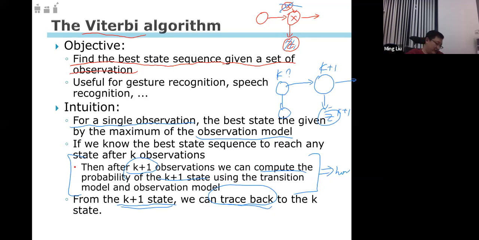So this is another way back, right? From that, I can have a better understanding of this k plus 1. And then I trace back to the state k. Okay, that's what the Viterbi algorithm did. Okay, there's a trace back. Okay, next page, we just show how it gets computed.